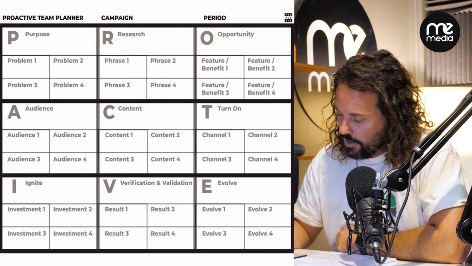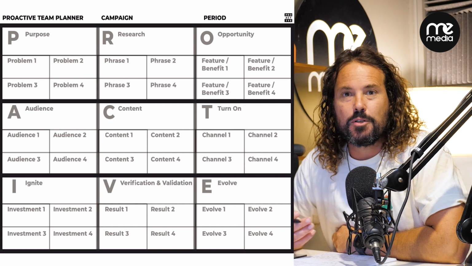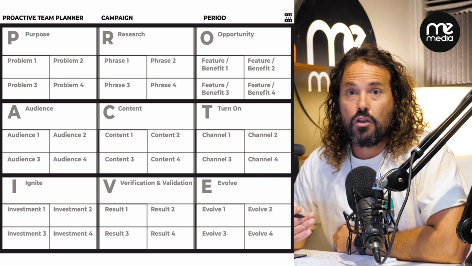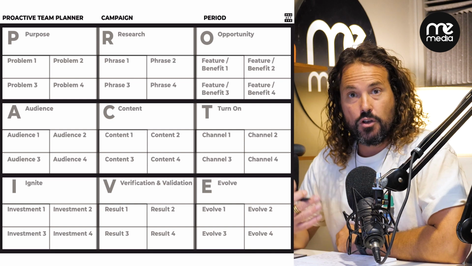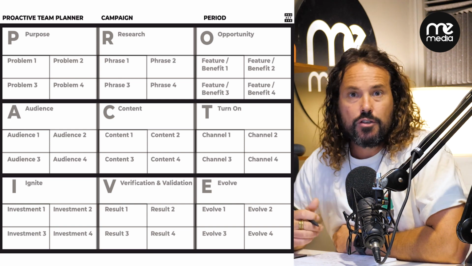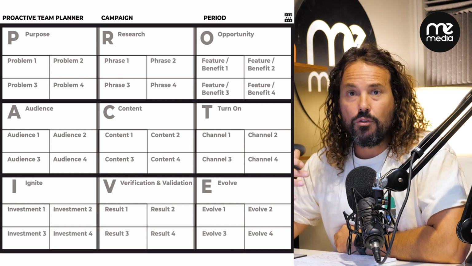So when we want to understand our purpose, what's that all about? It's more like understanding the problems that you solve. And so when you're actually going through this team planner, you can work with your team on those problems that you solve.